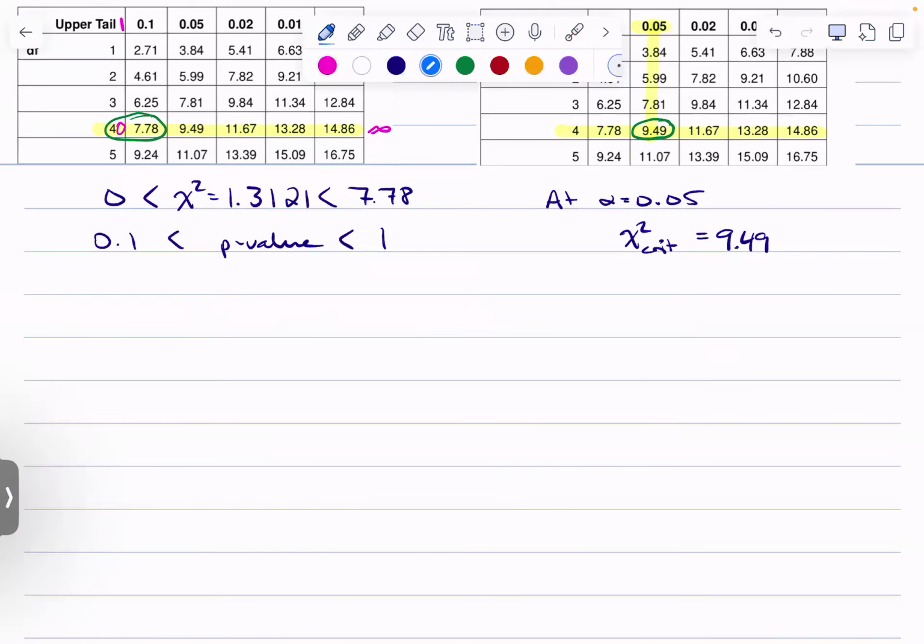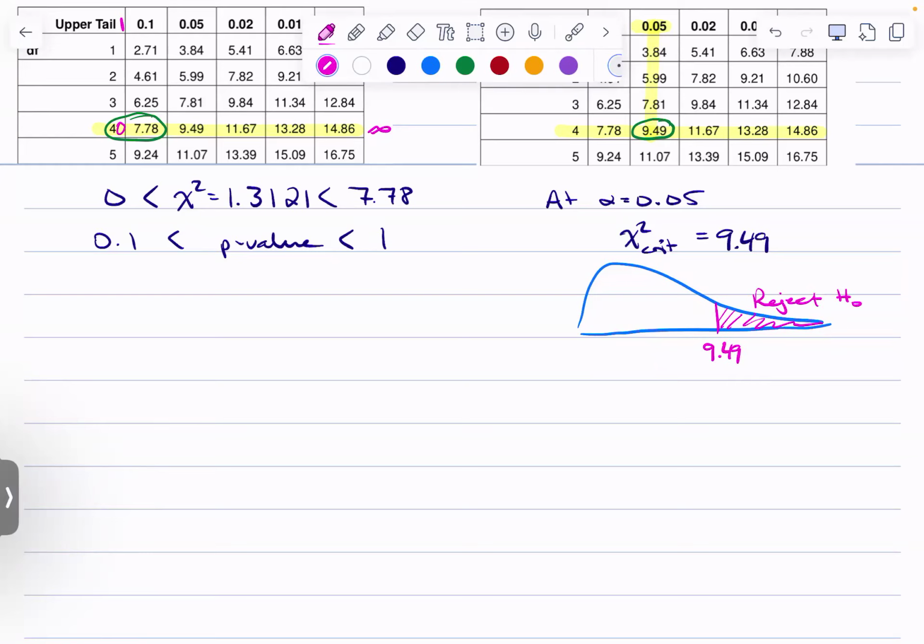Because we haven't spent a lot of time with the critical value approach, I just want to draw it out for you. It says that at a chi-squared of 9.49, then this area is less than 0.05, which means you would reject H0.